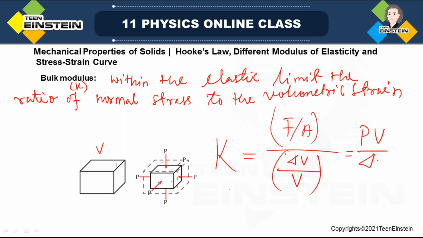So pressure into volume divided by change in the volume is the bulk modulus. The dimension remains the same, M L to the power minus 1 T to the power minus 2, and the unit remains the same, Newton per meter square. So PV by delta V is the bulk modulus.